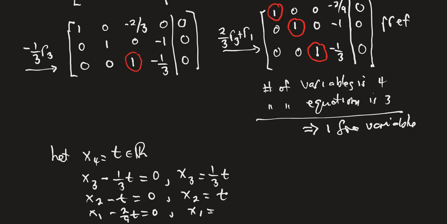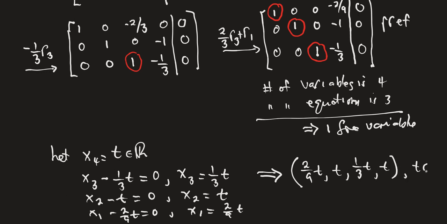So then x1 is 2/9 t. So let's write down our parametric solution set. In other words, let's write down all the solutions to this system. They have to be of this form: 2/9 t, t, 1/3 t, and then again t, where again t can be any real number, right?